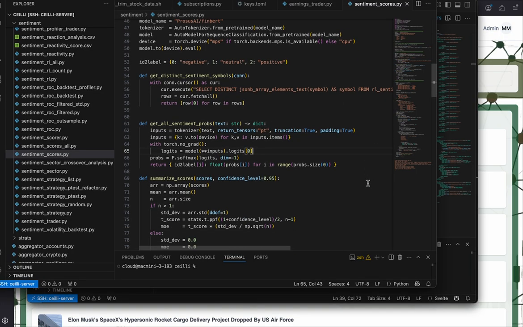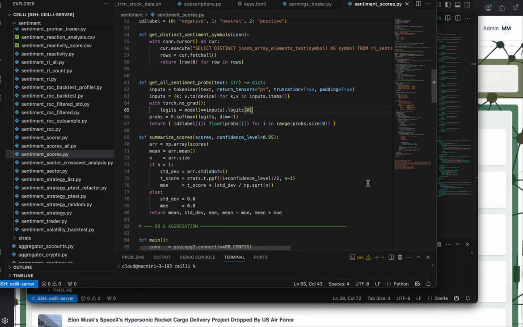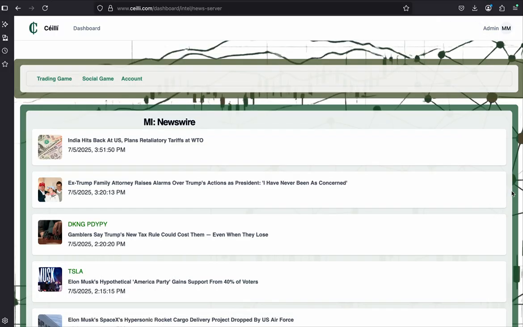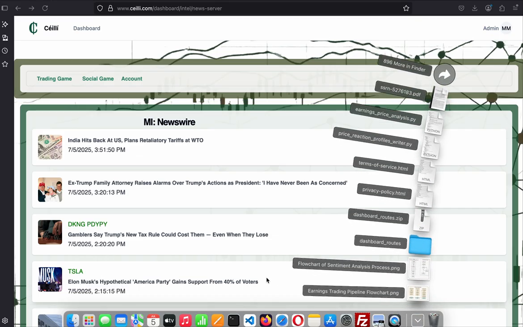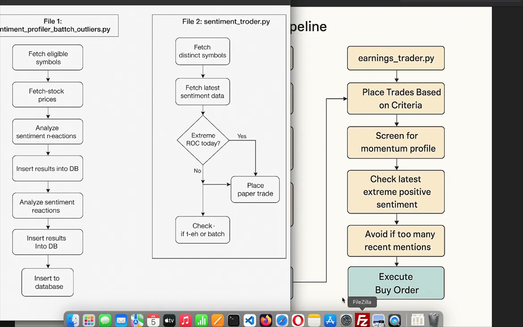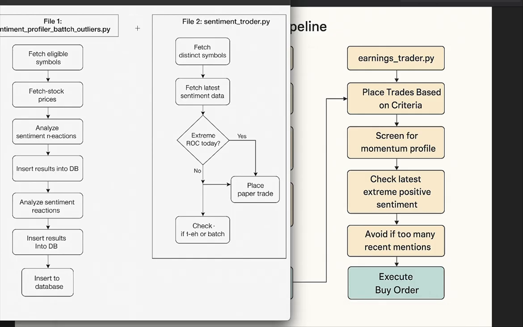Then what we do is we aggregate all these scores into a database. And we have a bunch of files that process all this information.